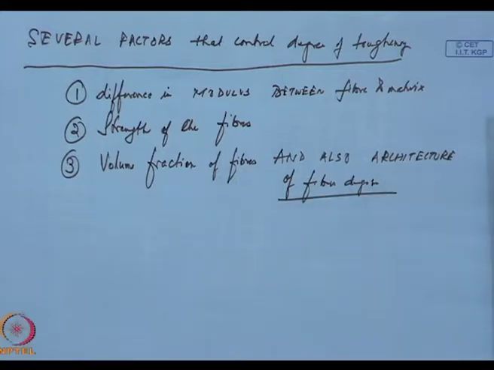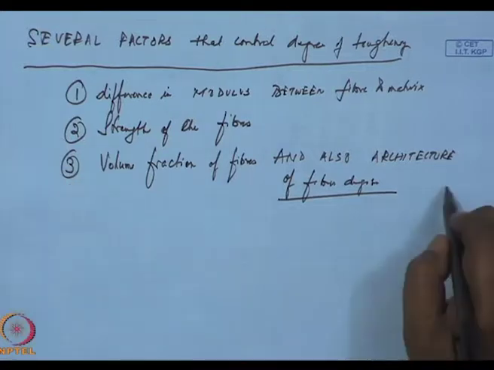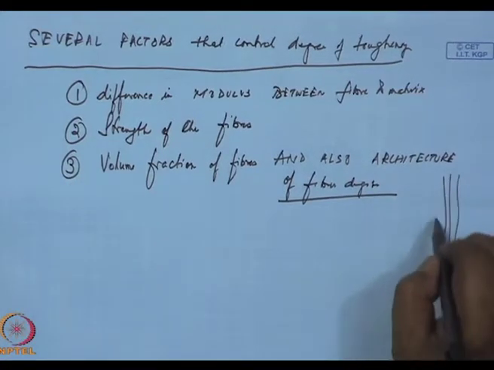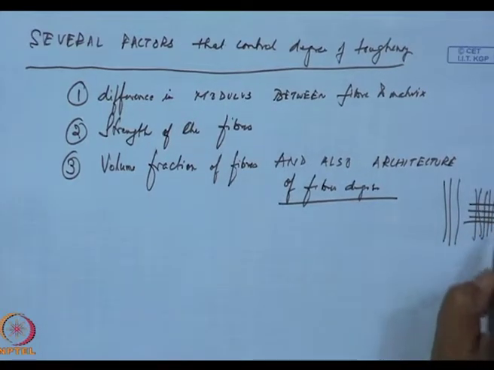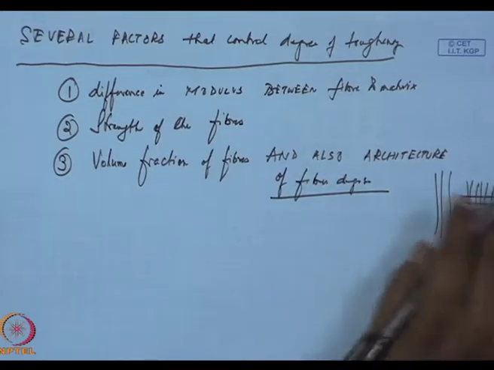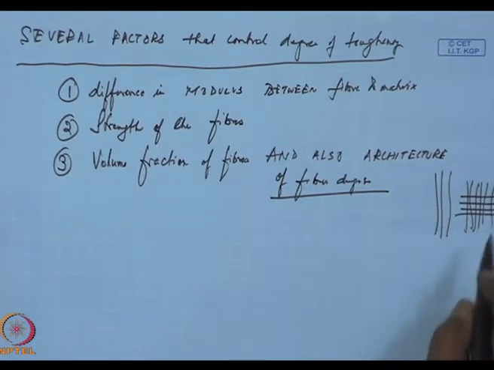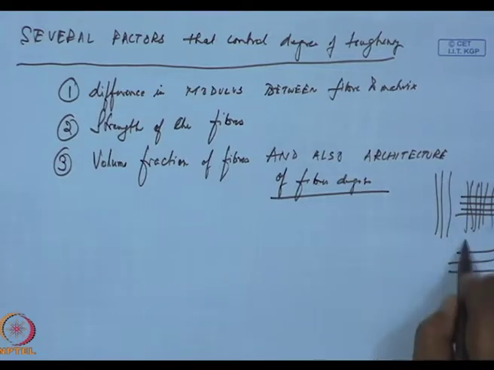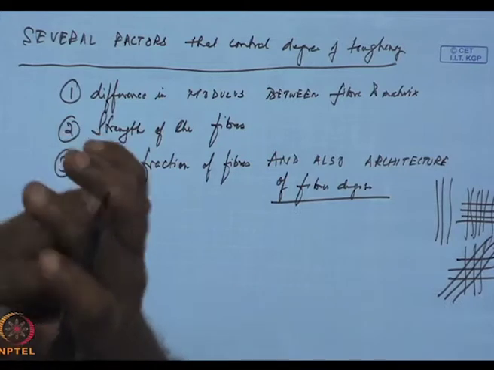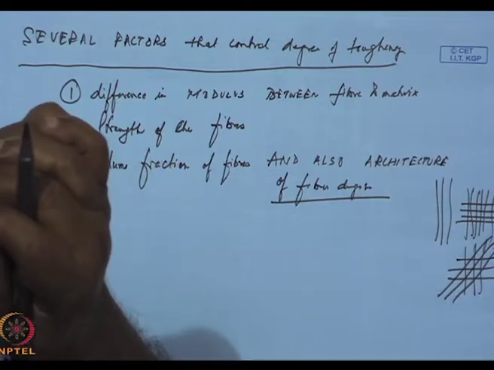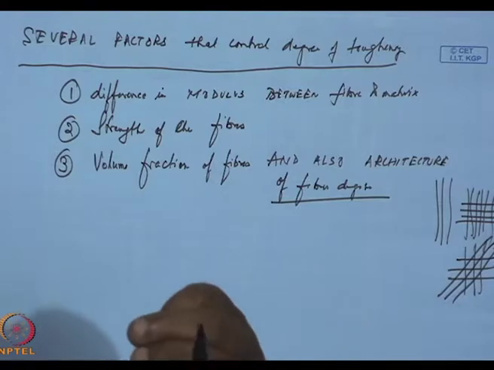What I meant here, which I had discussed during the CVI process, was I could have simply fibers oriented in one direction, or I could have fiber mats so that I have got strengthening in both the directions. The third option is woven fibers. So depending on how the fibers are woven, the strength or the degree of reinforcement will change.